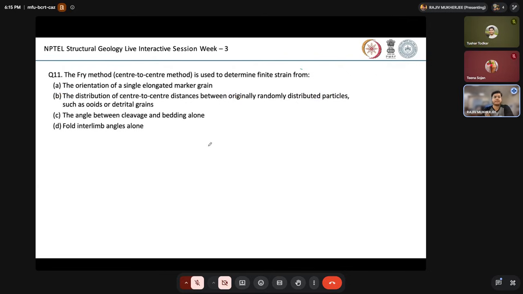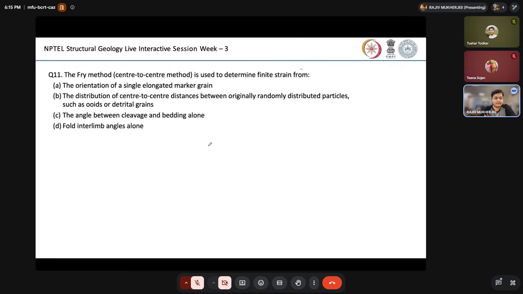The Fry method, or the center to center method, is used to determine strain from the orientation of a single elongated marker grain, the distribution of center to center distances between originally randomly distributed particles such as ovoids or detrital grains. Option C, the angle between cleavage and bedding alone.